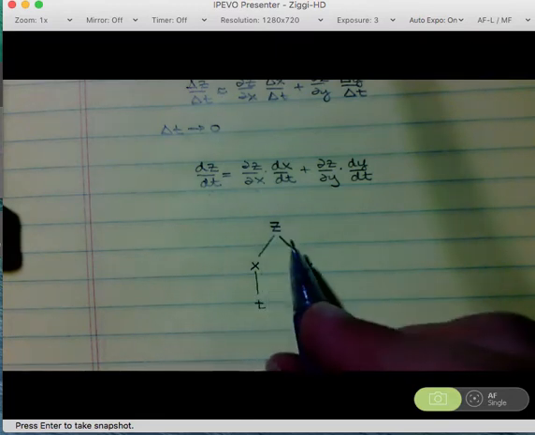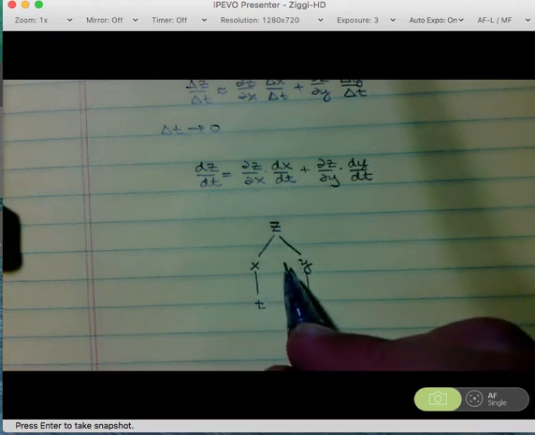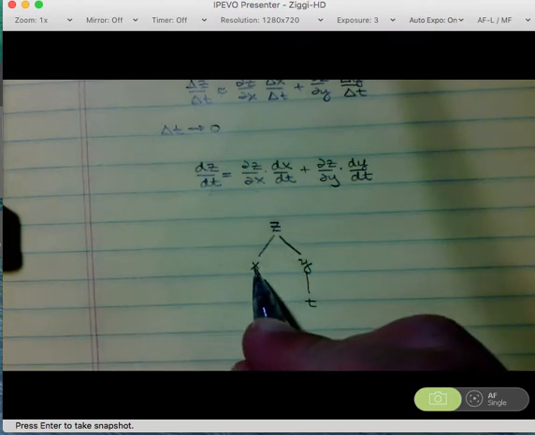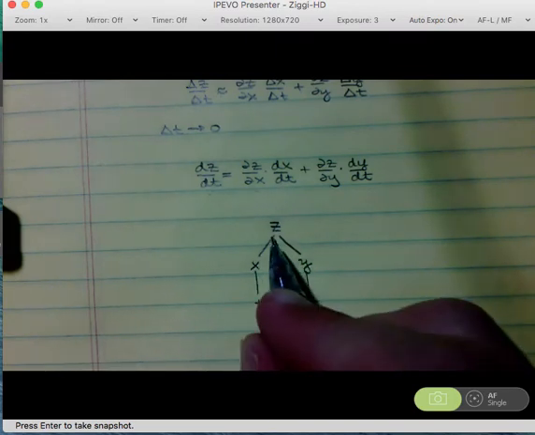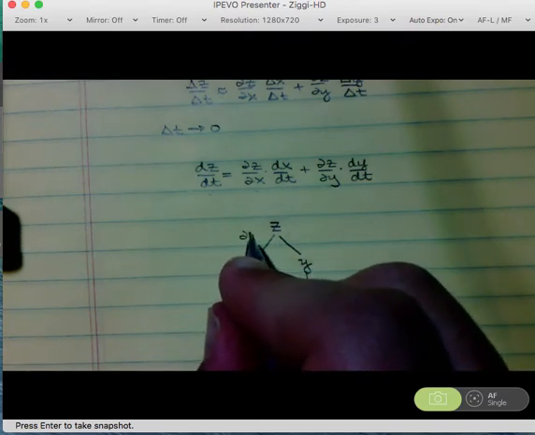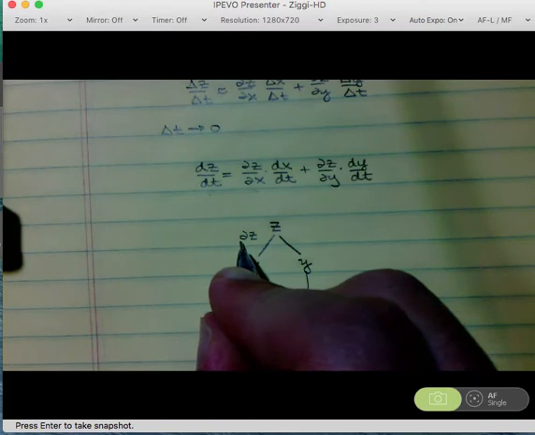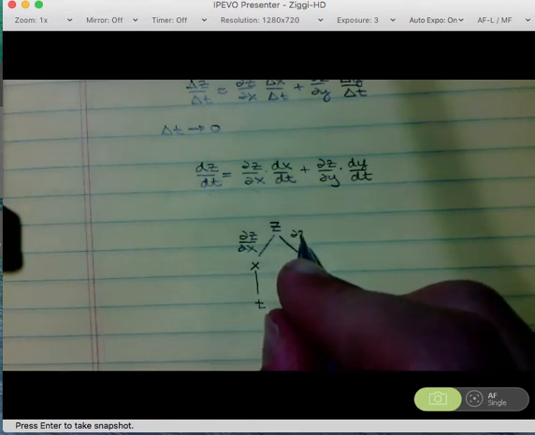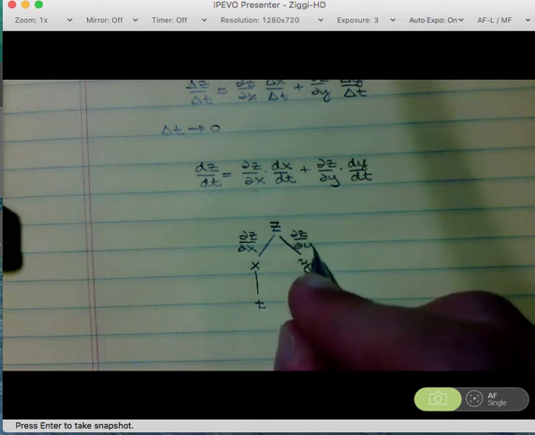And then next we label each one of these branches using an appropriate derivative. So z again has a dependency on both x and y. Along this branch we would place the partial of z with respect to x, whereas on this branch the partial of z with respect to y.